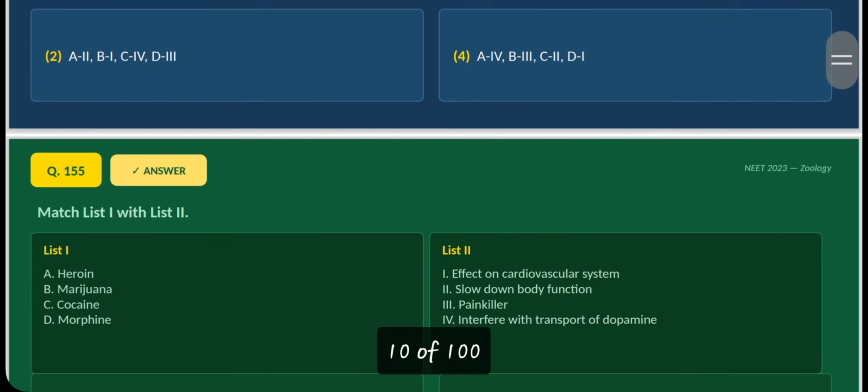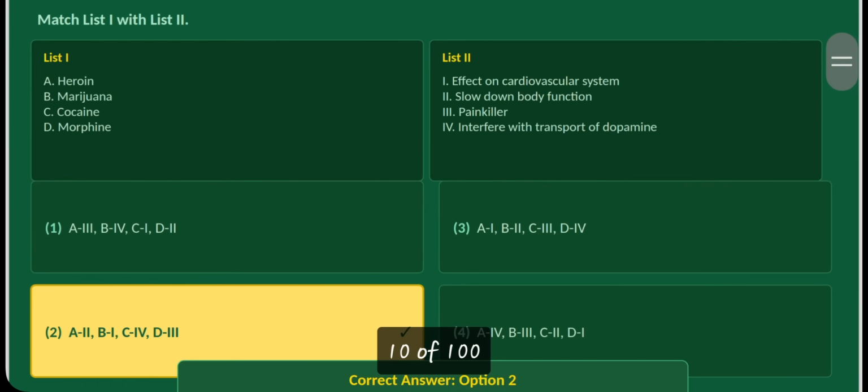The answer for this is the third option. Heroin slows down body function. Marijuana, effect on cardiovascular system. Cocaine, so C is 4, it interferes with the transport of dopamine. Morphine, so D is 3, that is a painkiller. These are the correct options for it.